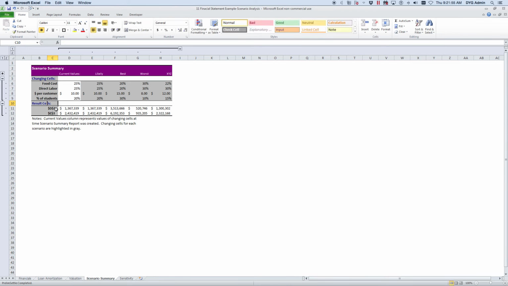Okay, and then down here you have equity value. Oh, that went in the wrong place, didn't it? Percent of students. Gotta fix those. Equity value, NPV. And so basically you can go ahead and modify that.